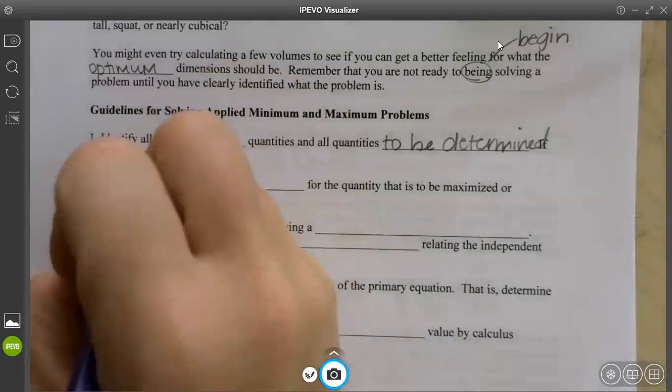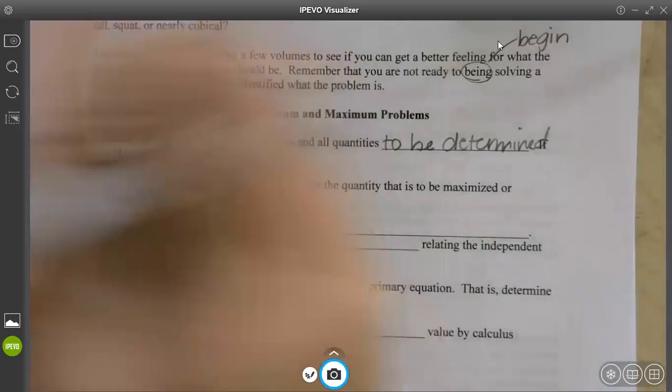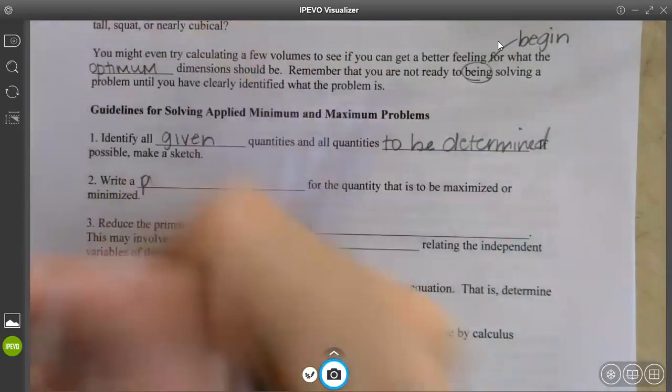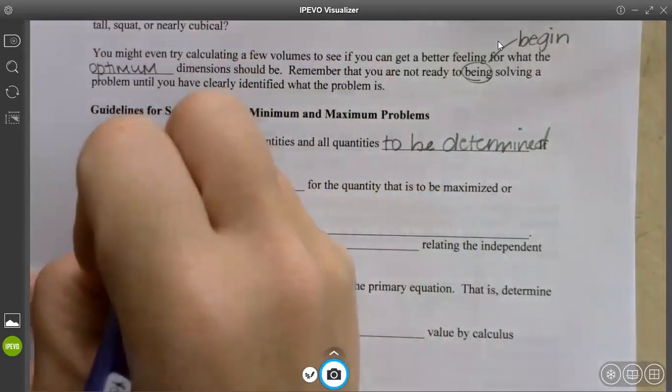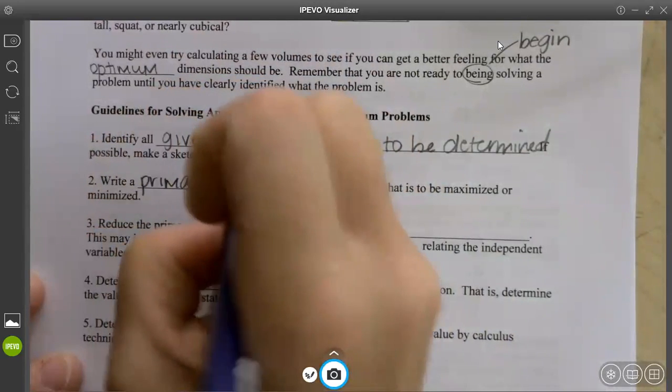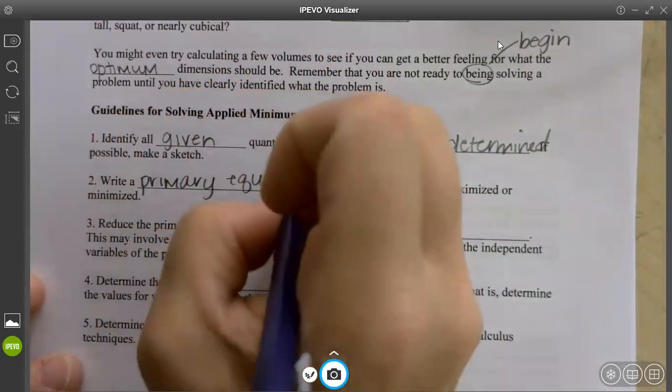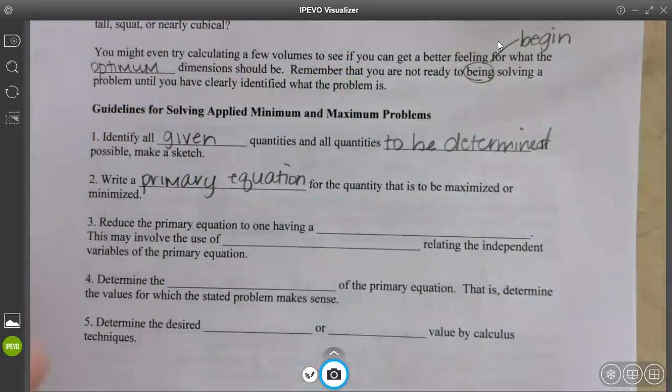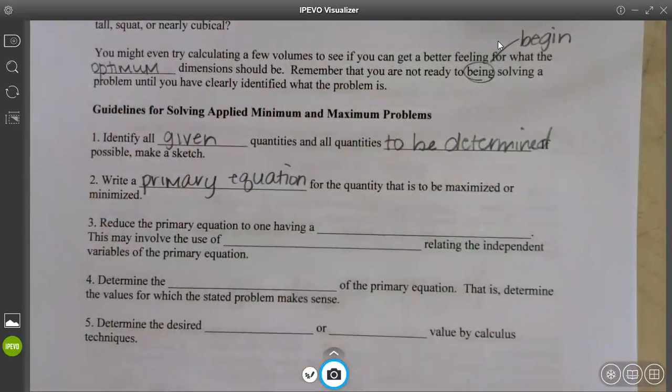You're going to write a primary equation. What is that primary equation based off of? Read it. Whatever is going to be maximized or minimized. So the last one was maximum volume, so we wrote a volume equation for the box.